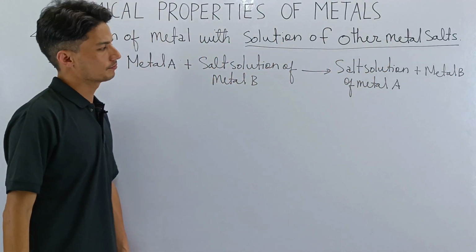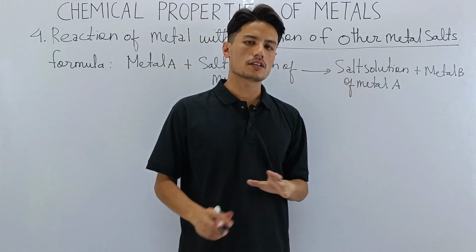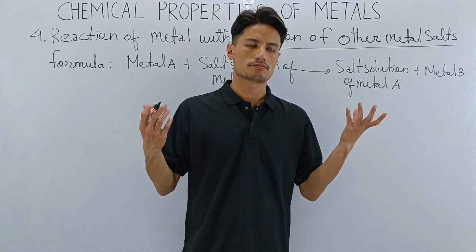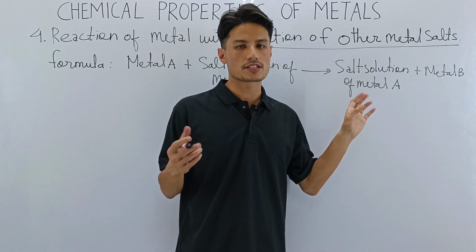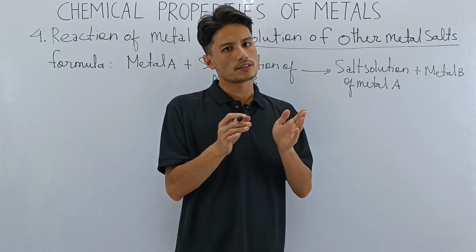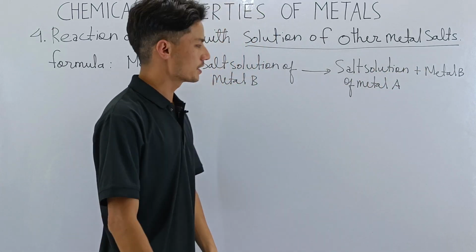Okay, this is the formula. So you will have to remember the formula. If you remember the formula, 99% of the reaction is done. We are just gonna put the suitable metals and get the answer. That's how easy it is.